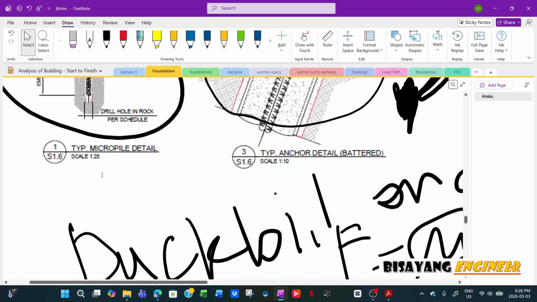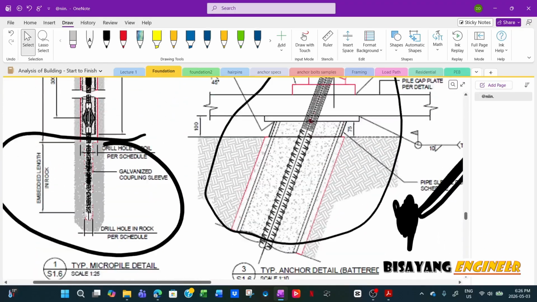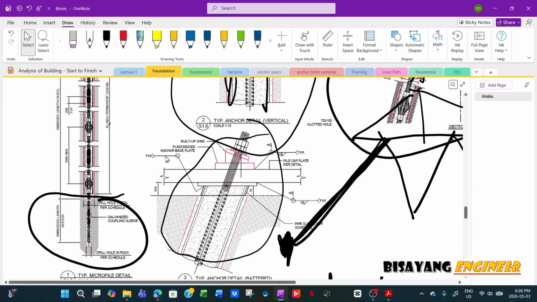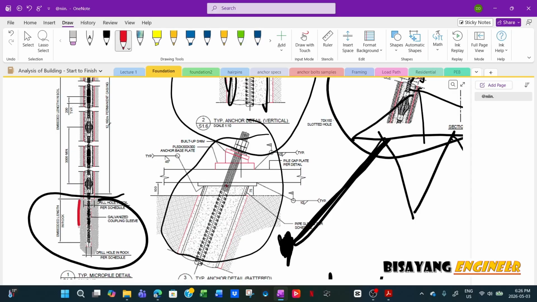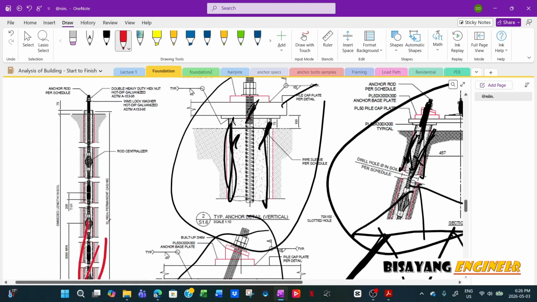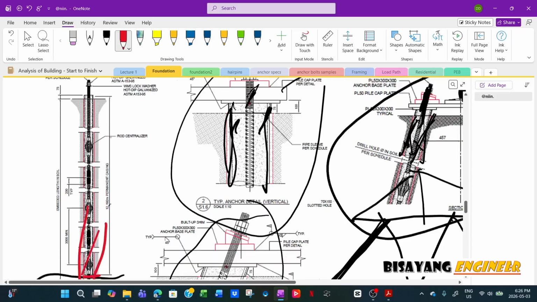This hatched area, this portion here, is a concrete grout, because the casing is only up to here, and that's the casing, up to the top of the ground.